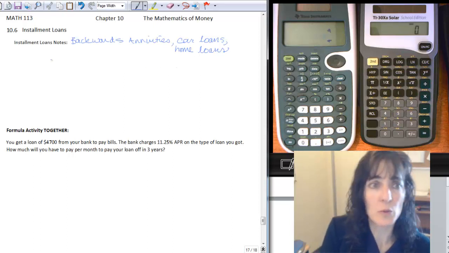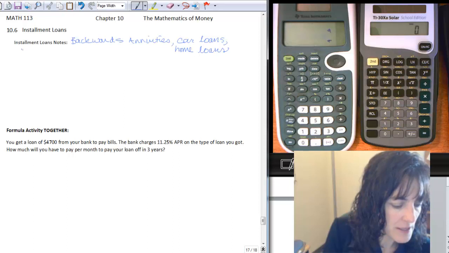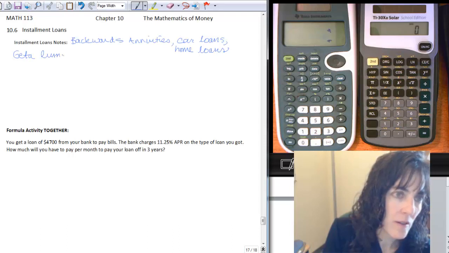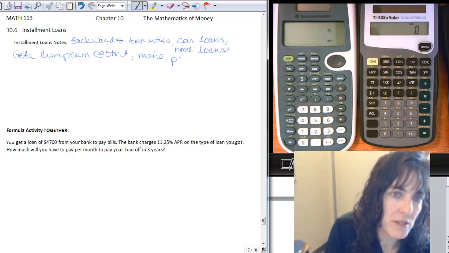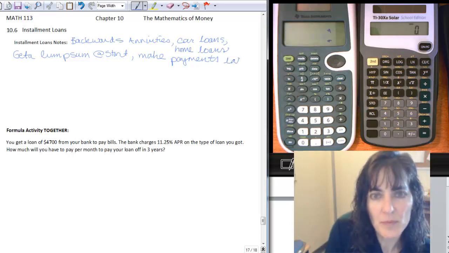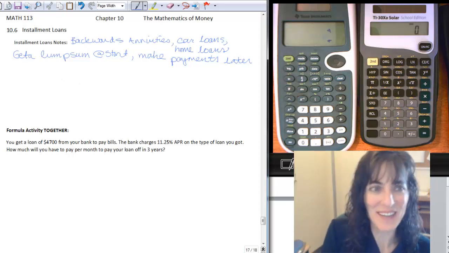So the idea is that we get a lump sum at the start and we make payments later. And you don't get to choose how much you pay, they tell you, right?